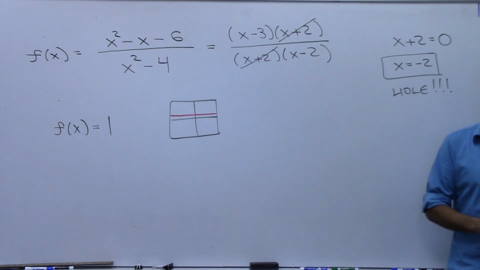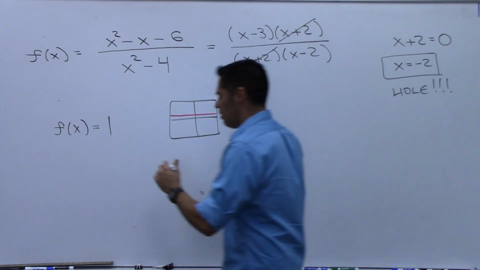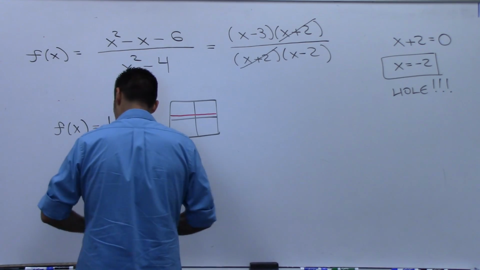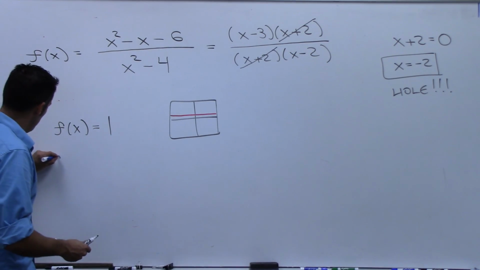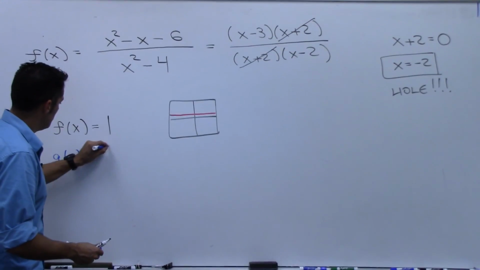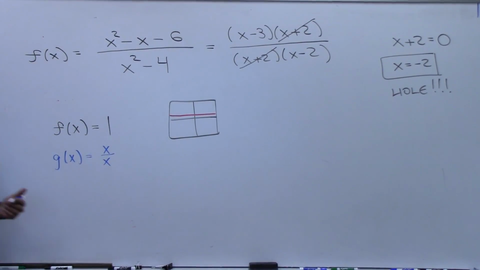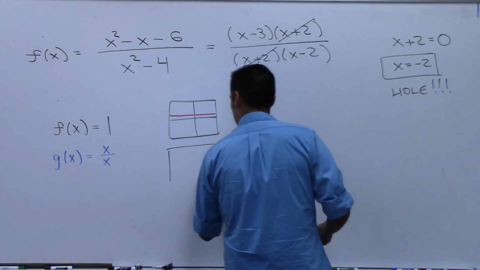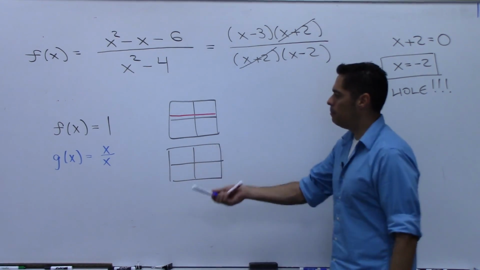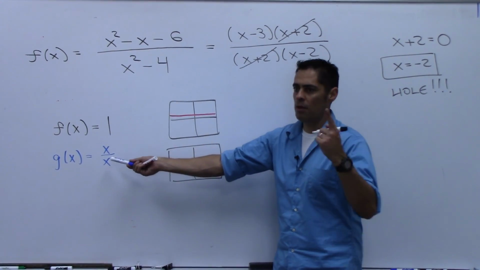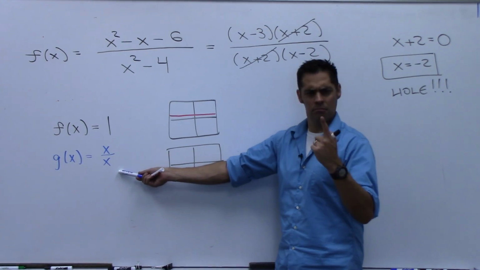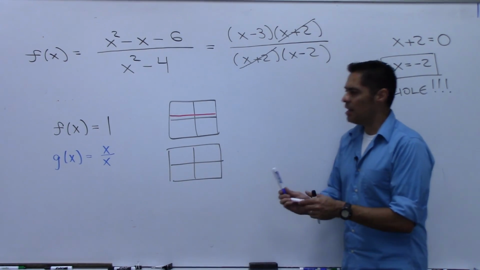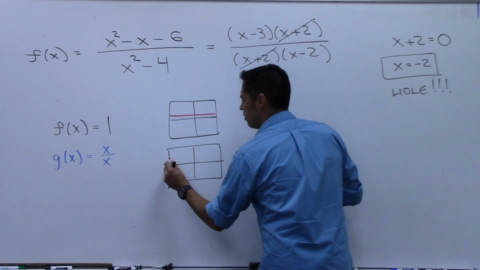If I were to also ask the calculator to graph another function, g of x, to be x over x, what would it draw? Yeah, so plug in 1. What do you get? 1 over 1 is 1. 2 over 2 is 1. 3 over 3 is 1. 4 over 4, right? So it would draw the same graph. What's the difference between the two graphs, though?